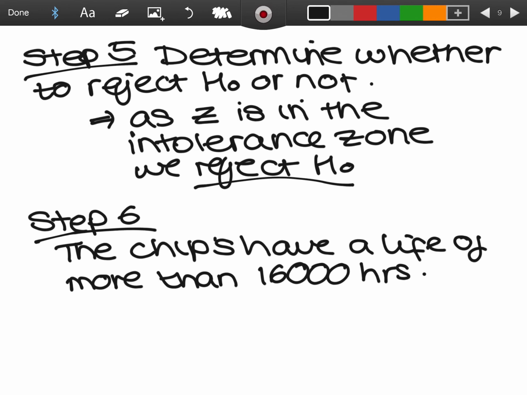So this new technique that they are using is succeeding in making those processors superior, okay? Because they're going to increase the life of the chip compared to what they initially were, okay?